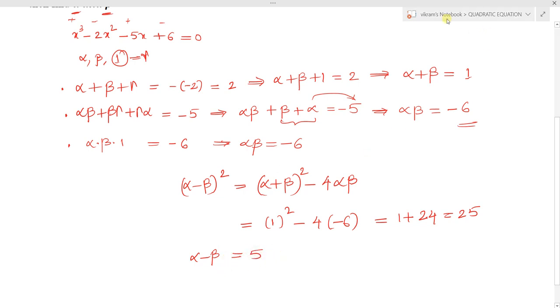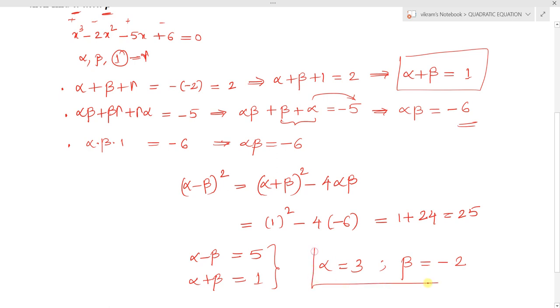But alpha plus beta is 1. Solving these two, we get alpha equals 3 and beta equals minus 2.